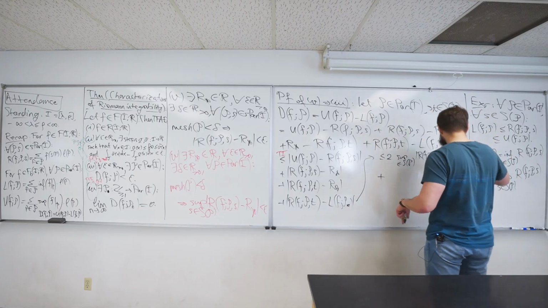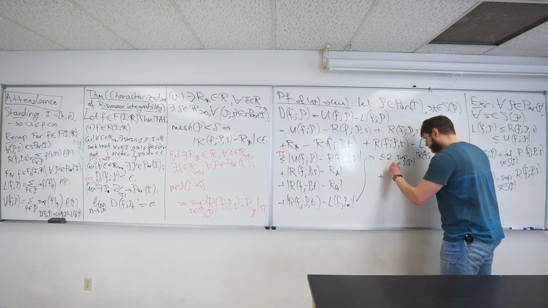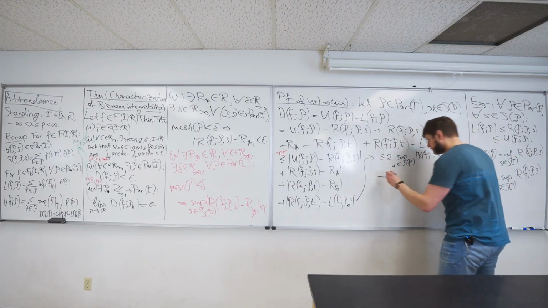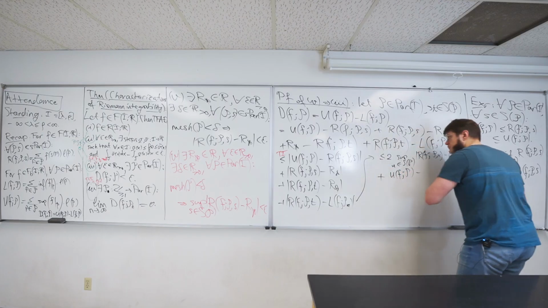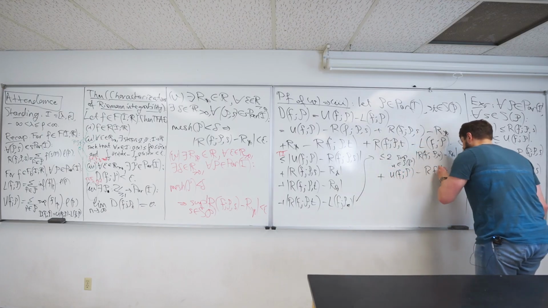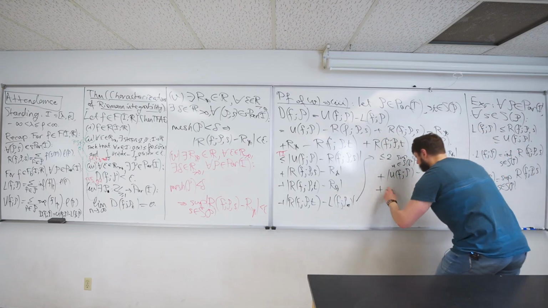And maybe I can just change this sampling function as well, say to U, minus this, plus the other one.